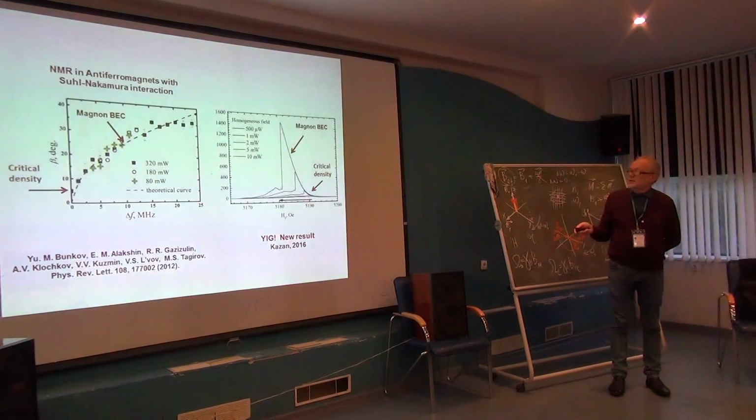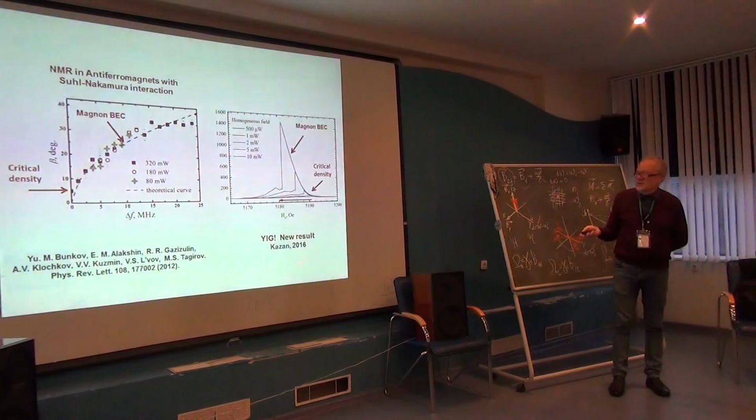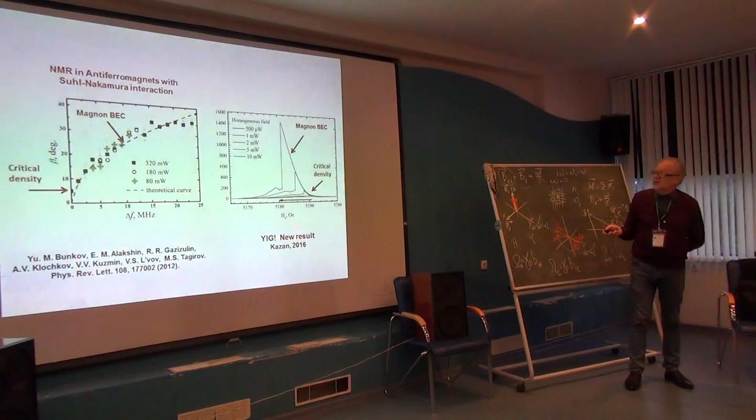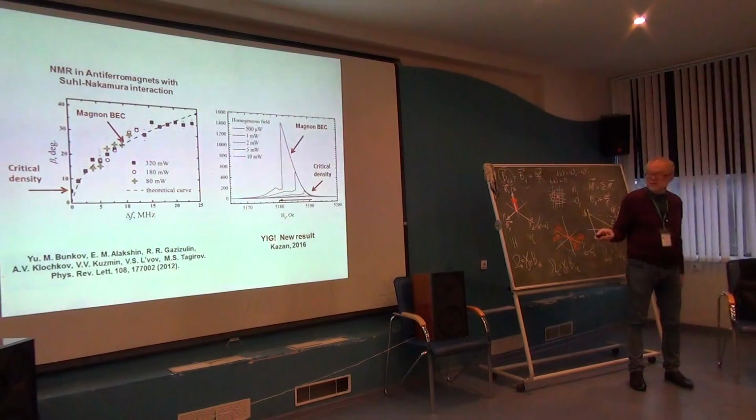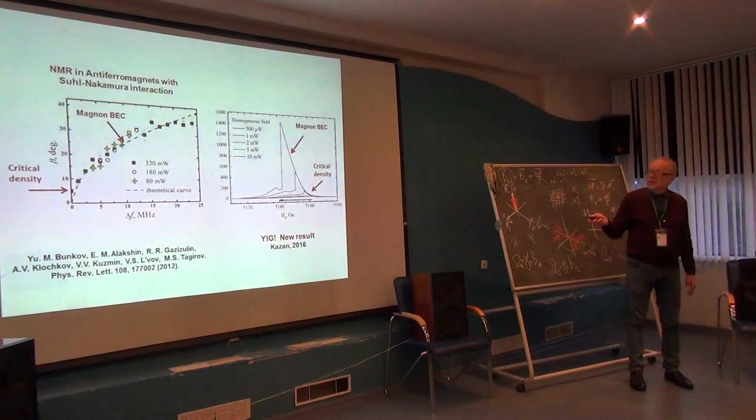So, what else? Just recently in Kazan University, we have found exactly the same properties. You see that the signal doesn't depend on the power, but only on the frequency difference. We have seen it in yttrium iron garnet.